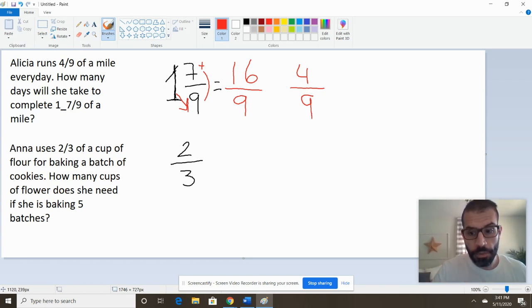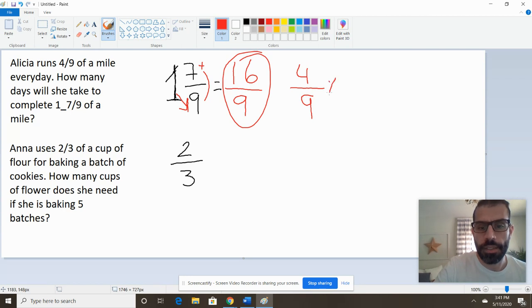So we already know we've got to make 16 nines. So I know I have to use maybe repeated addition if it helps you, or you can just go ahead and think about what number you could multiply by 4 to get 16, and that number will be 4. So 4 times 4/9 is 16 nines, right?